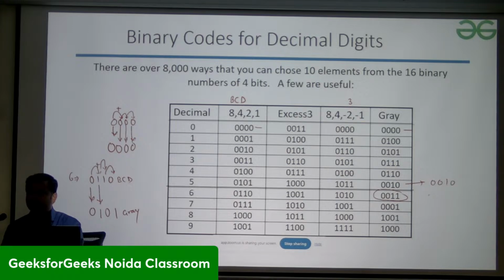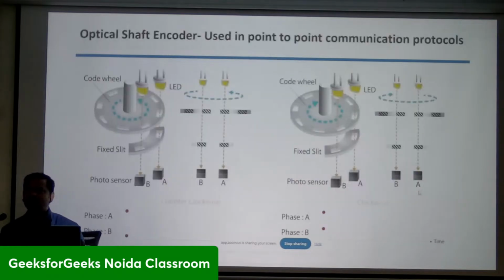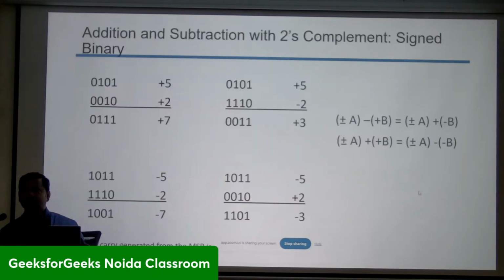For 6, what you have to do is simply substitute this 0, then add with this 0, add with this is going to be 1, and for this it is going to be 1. So if you are computing from gray to gray, in that particular case your answer is going to be matched. The concept of the gray is to have 1 bit difference in the previous and current value only.